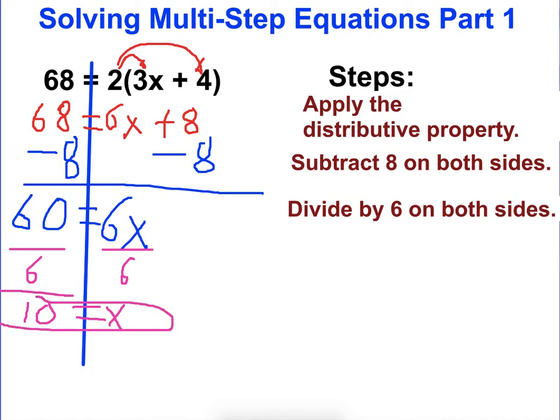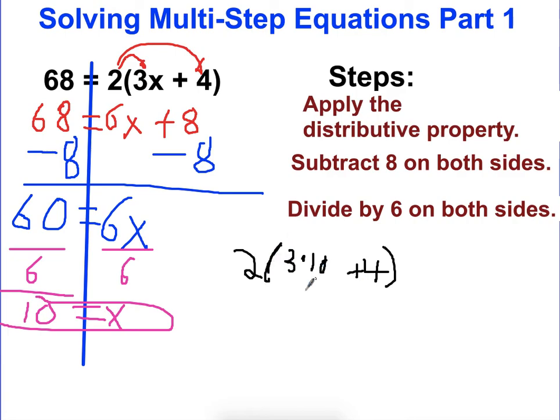We should also check that too. Go back to the original. The right side has our variable there, so I'm going to say 2 parentheses 3, and then we'll replace x with 10. So inside there, that'll be 3 times 10 plus 4.